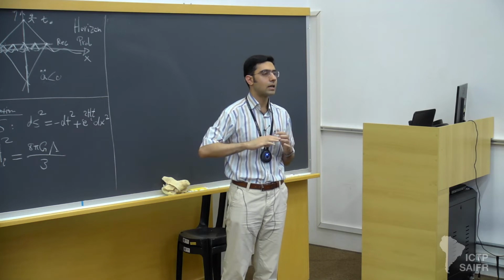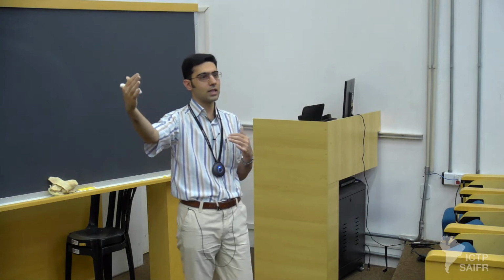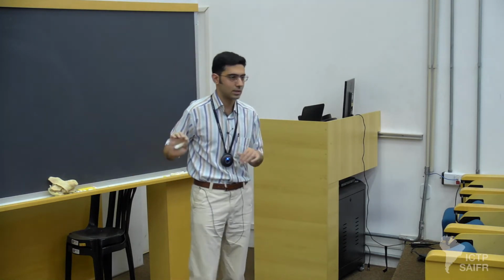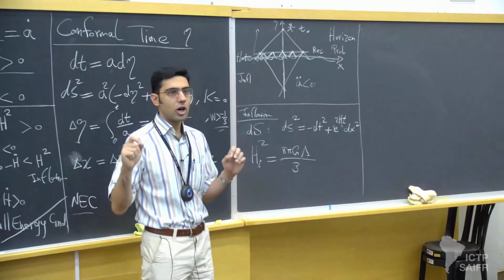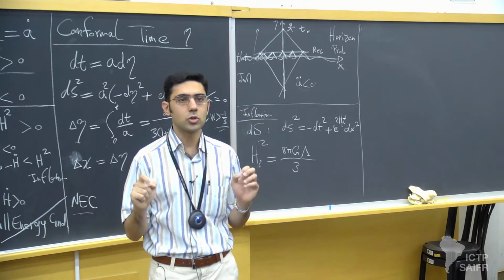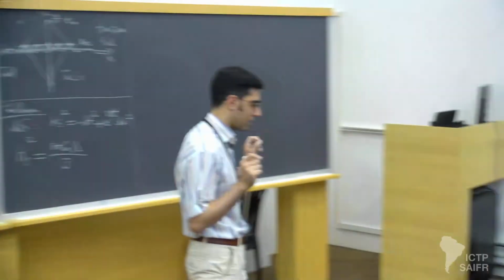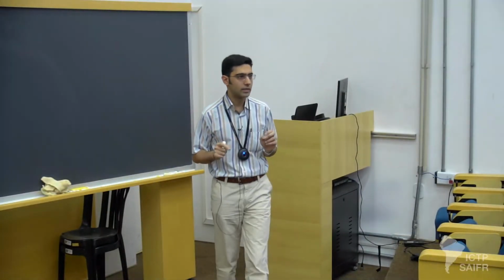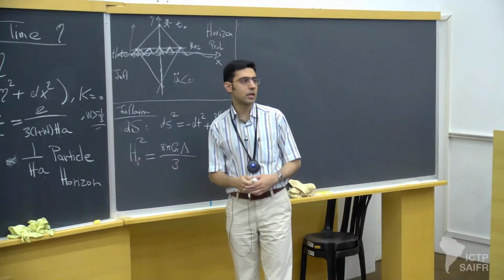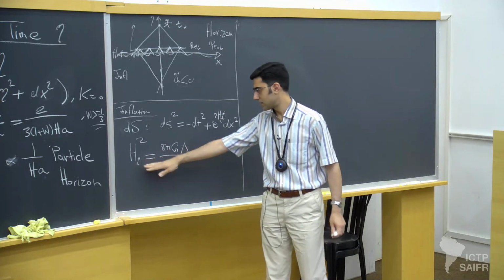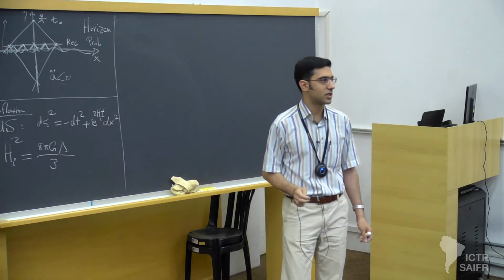Having that for a relatively long time means that it has to be relatively close to de Sitter. We will quantify this closeness better in the future. We have data and observations that tell us how close we have to be to de Sitter during inflation. Close to de Sitter in particular means how constant the Hubble scale is, how small the variations of the Hubble parameter are.